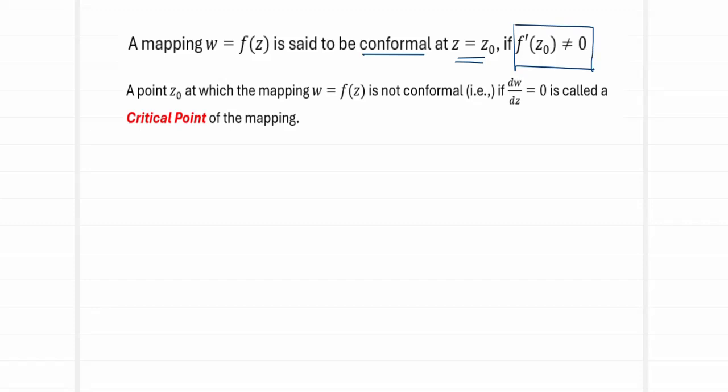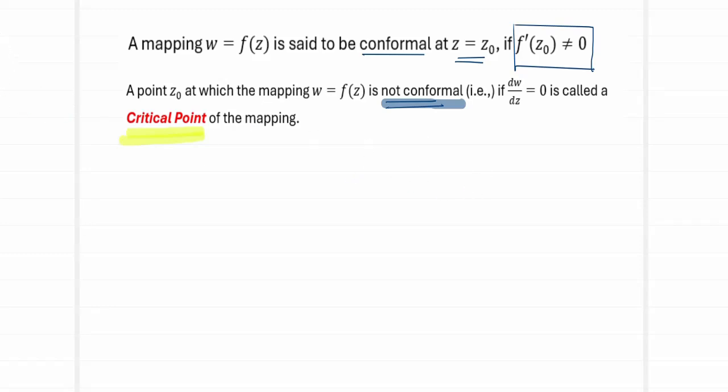So, what happens if the derivative is not going to exist, or at a point at which the mapping is not conformal? Whenever we have a point where it is not conformal, such a point will be referred to as a critical point of the mapping. So how can we estimate a critical point?